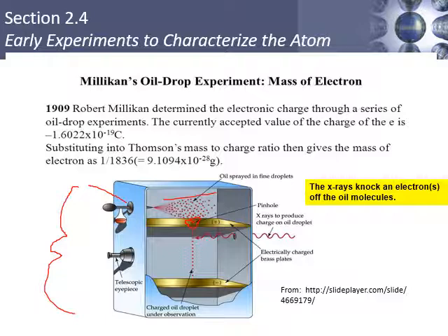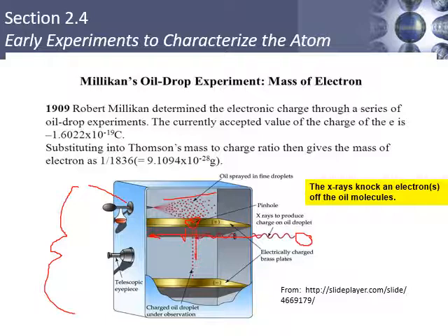And as soon as they go through the hole, they start dropping down into this other chamber, and he's got an X-ray machine set up over here that's continually pumping X-rays across this direction so that it hits this pathway that these oil drops would have to follow to come down. When that happens, it knocks an electron off of the oil droplets.